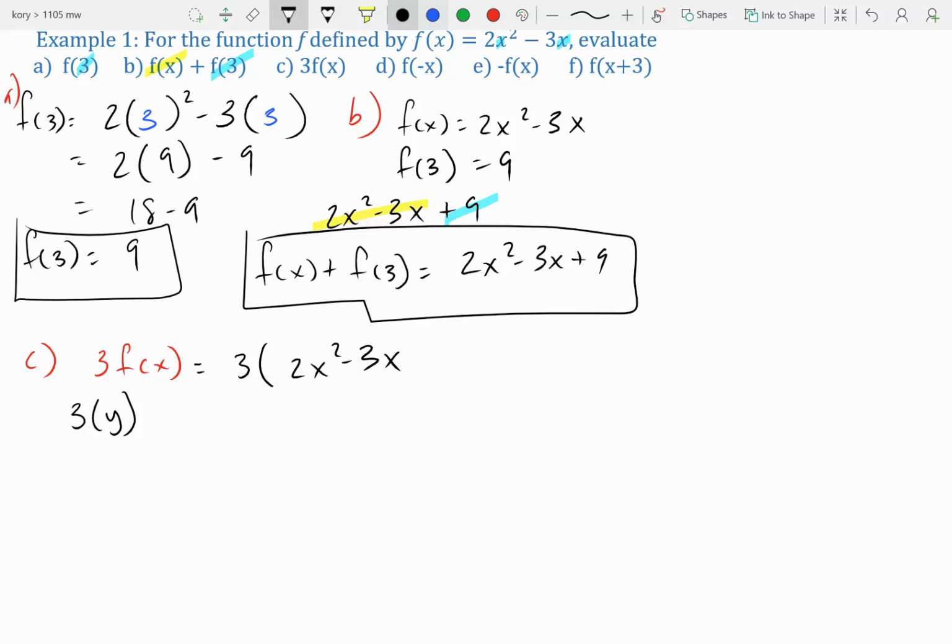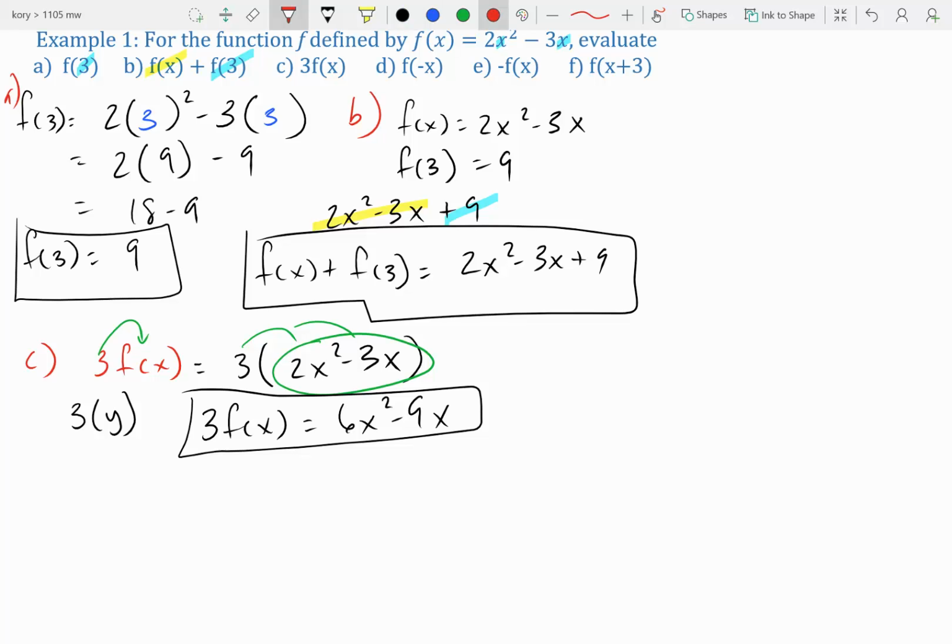So all we're doing is taking this 3 and multiplying it to the function. Now, since the function is 2x squared minus 3x, that's why we multiply the 3 out to it. So 3 f of x equals 6x squared minus 9x. And of course we can't combine any like terms, so we just leave it as is.